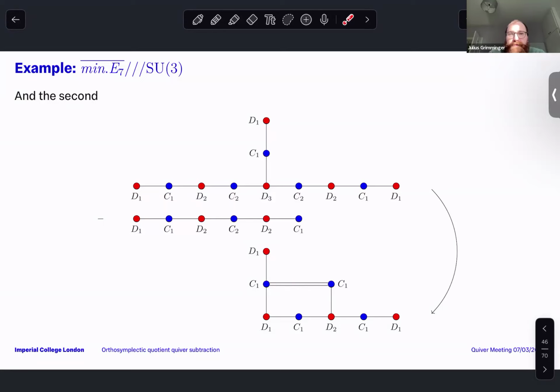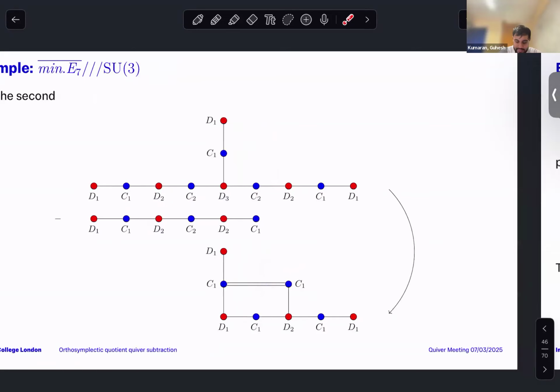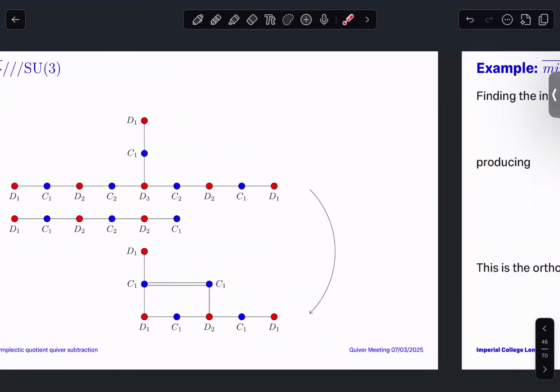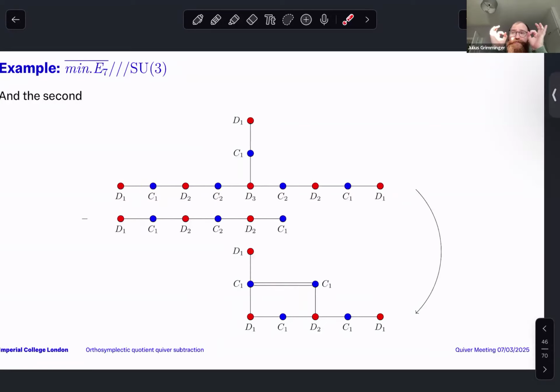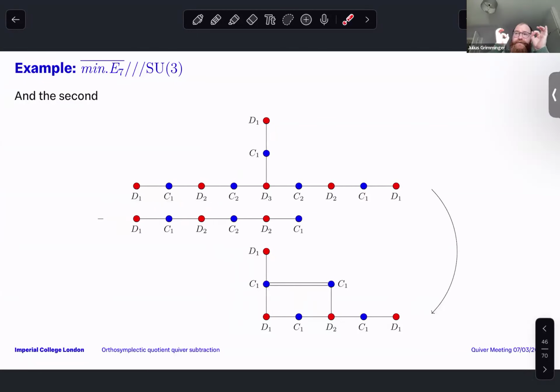Sorry, maybe this should be 4 hypers in total. 4 hypers? Okay, so a line is still a half hyper, and I have 2 of them. So that's why the double line. Okay, makes sense. So if you would start with a U2 quiver, which would have a single line, you could change them to SU2s, and then you would use this double line notation now. Yeah, that's right. Thank you.